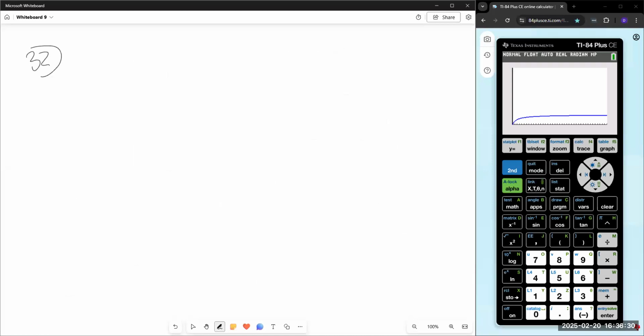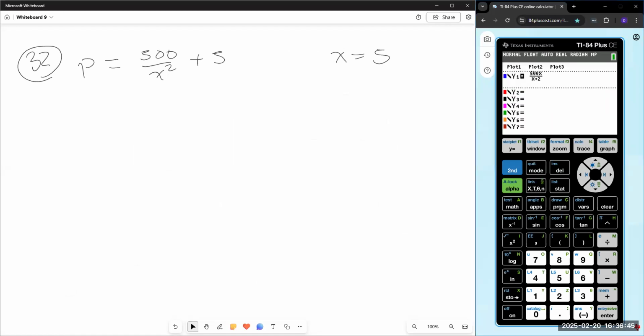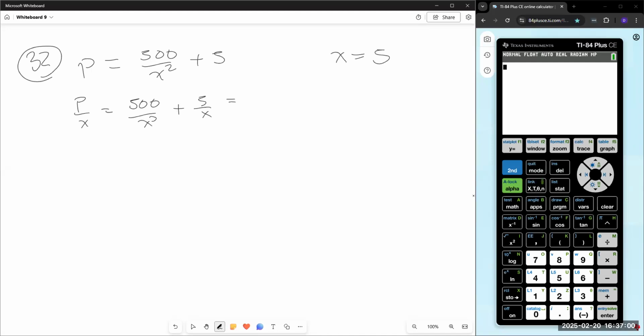32 is the demand function P equals 500 over X squared plus 5. And our given demand quantity is 5. P over X is 500 over X cubed plus 5 over X, which is going to be 500 plus 5x squared over x cubed.